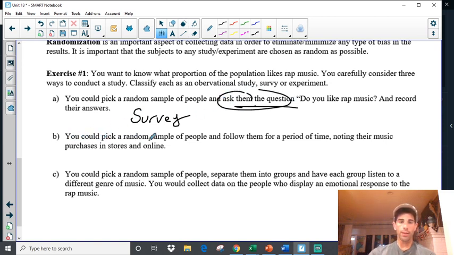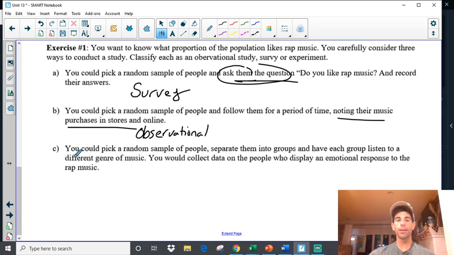You could pick a random sample of people and follow them for a period of time, noting their music purchases in stores and online. So that one would be observational. Why is it observational? Because you are just going to watch them and take notes about what they are buying. And the final one, you can pick a random sample of people, separate them into groups, and have each group listen to a different genre of music.